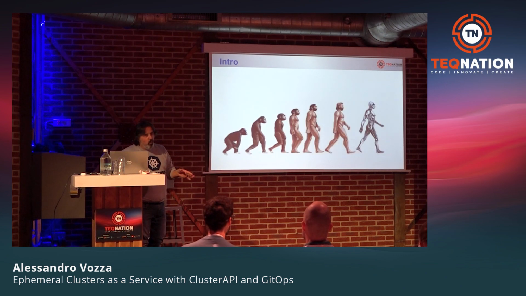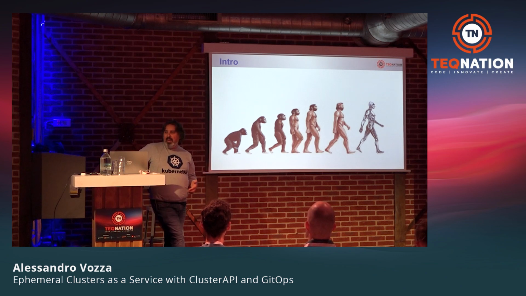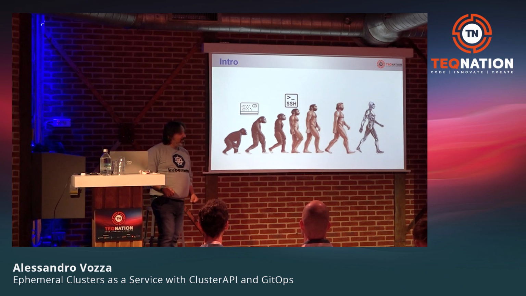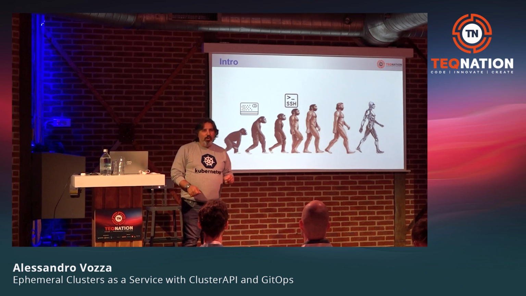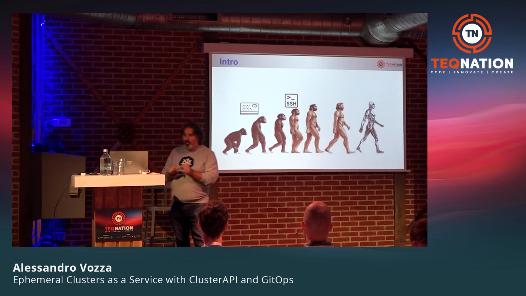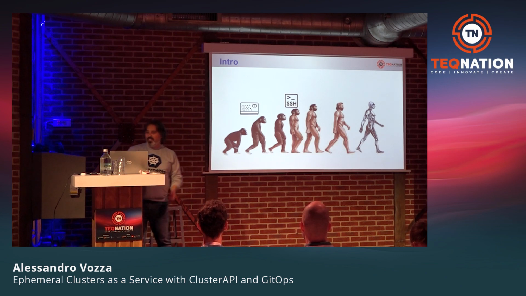So why are we here? We come all the way to ephemeral clusters, but where do we come from? First it was punch cards, and then it was, oh, let me SSH into this server so I can run apt-get or change the configuration, and that works. Doesn't mean that it's the right thing to do today.